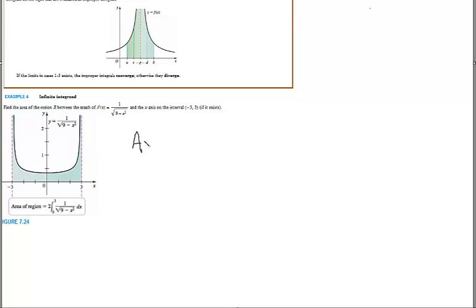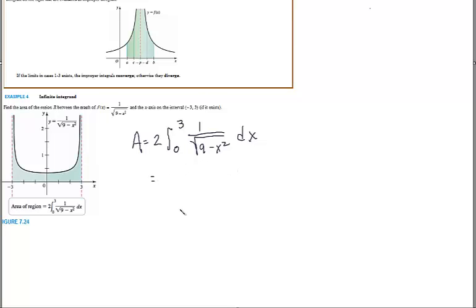We're going to find the area under the curve. So my area is going to be, now I could evaluate this from 3 to negative 3 and break this up into 2 separate limits, but let's just double it, and just do either side, where we go from 0 to 3 of the square root of 9 minus x squared dx. Then I'm going to look at this limit and say, hey, we're at infinity here, and we're approaching that 3 from the left.